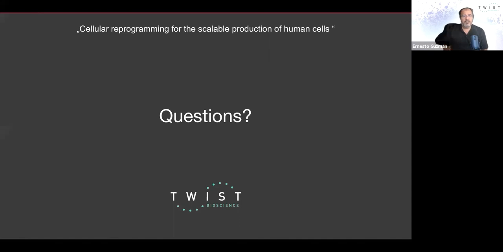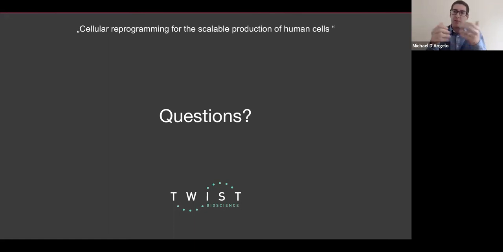Can you comment on the difference between your system and using an episomal plasmid to avoid any genetic changes? So an episomal plasmid, the main differences are going to be in the scalability and the homogeneity. When you introduce an episomal plasmid, you need to transfect the cells, which means that inherently that's difficult to scale.